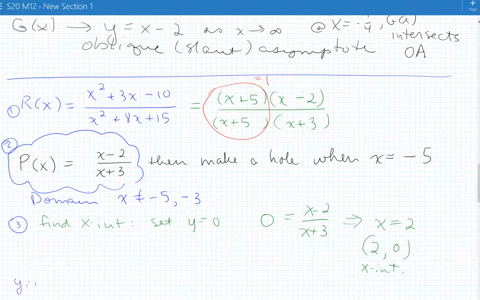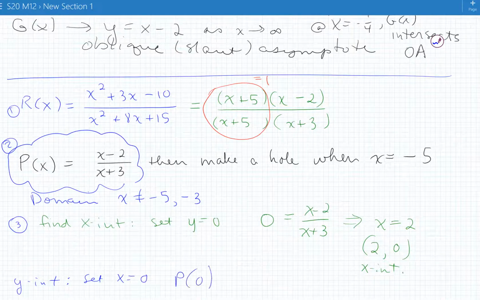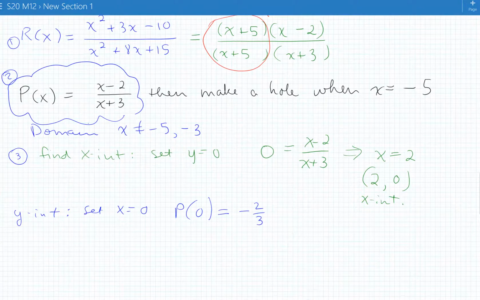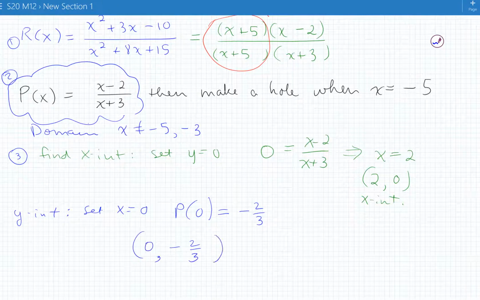And then we want to find y-intercepts by setting x equals 0. So p of 0 equals negative 2/3. So negative 2/3 is the y-coordinate when x is 0, and there's our y-intercept. So those are 2 points that must be on our graph.